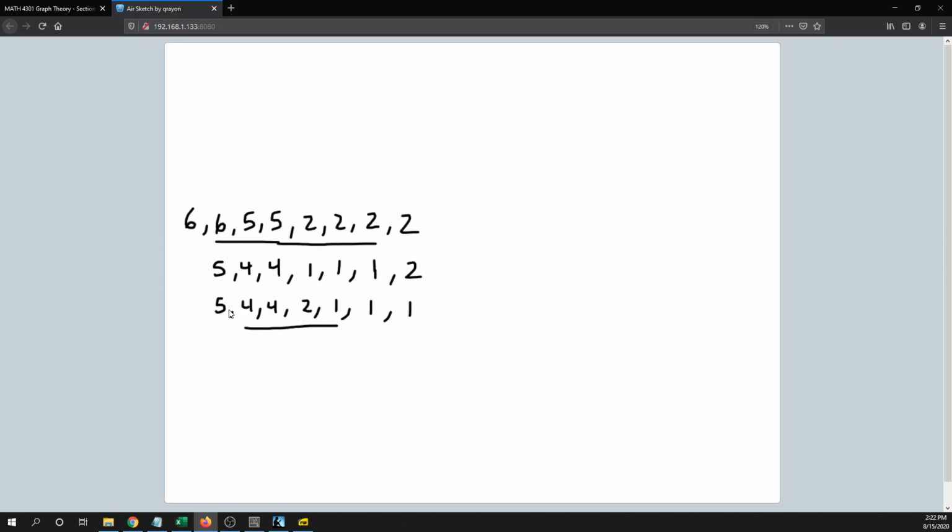All right, and then now our S is 5, so we look at the next 5. 1, 2, 3, 4, 5. Pop this one off. That's going to be 3, 3, 1, 0, 0, 1. Reorder.